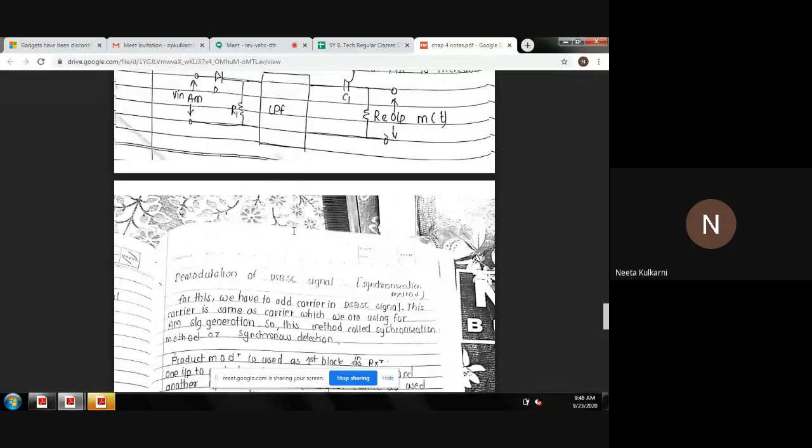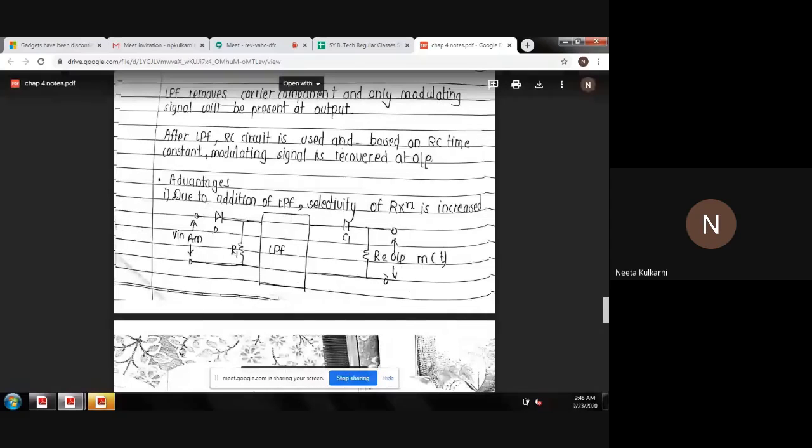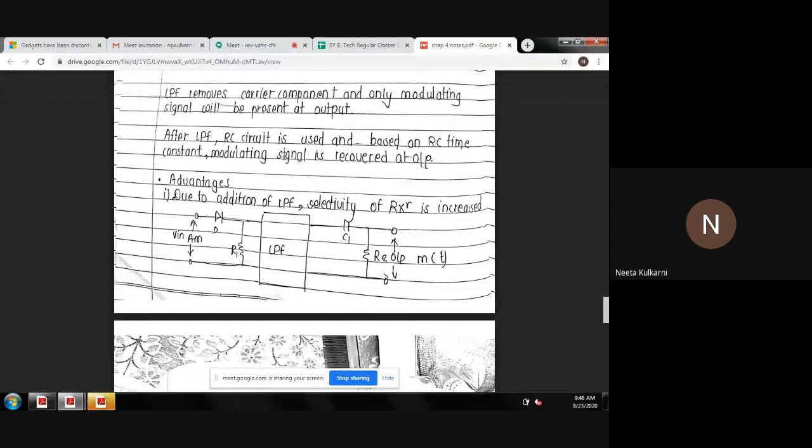AM detector. आता आपण ट्रान्समीटर मध्ये काय काय बघितलं होतं बघा. बेसिक AM सिग्नल ट्रान्समीटर, then generation of DSB-SC signal and generation of SSB-SC signal. Similarly, here also in the demodulator we have to see, आता जे आपण डिटेक्टर बघितले ते प्युअर AM चे डिटेक्टर होते. सिक्वेन्स लक्षात घ्या. ट्रान्समीटर मध्ये सुद्धा आपण कसं बघितलेलं आहे, generation of pure AM signal, then generation of DSB-SC signal and then generation of SSB-SC signal.